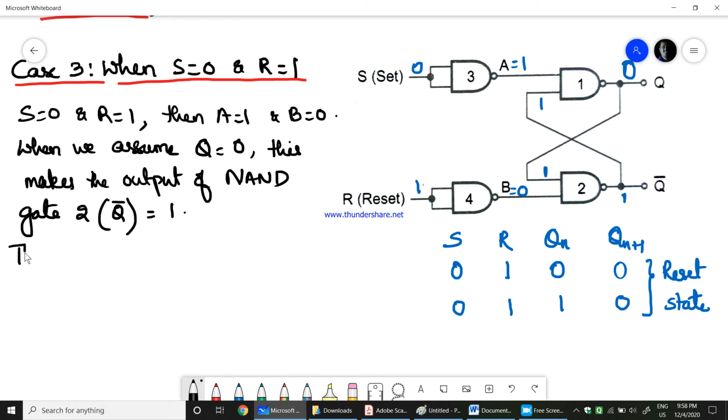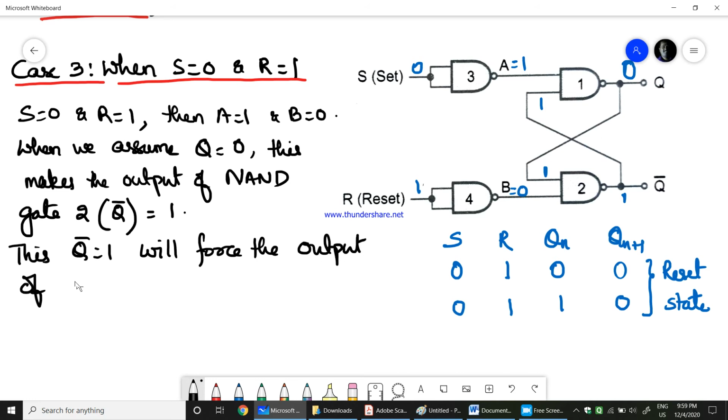So this Q bar equals 1 will force the output of NAND gate 1, which is nothing but Q, to be equal to 0.